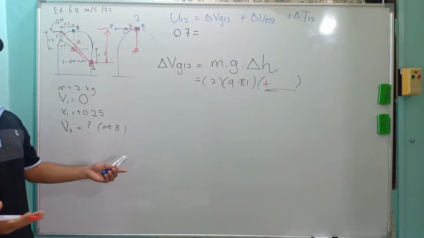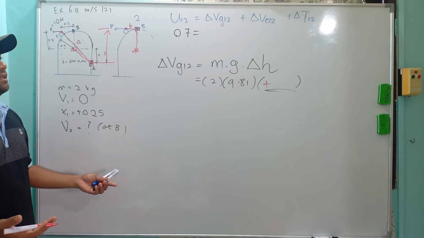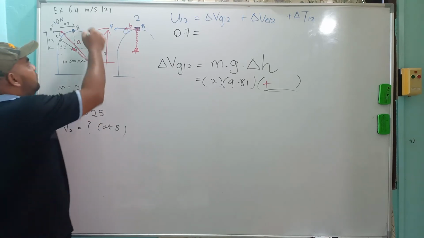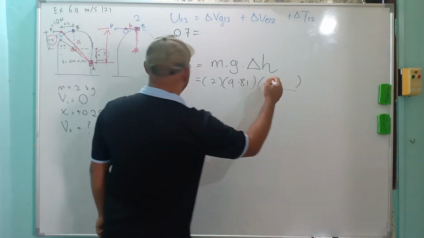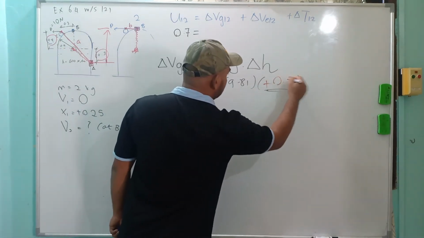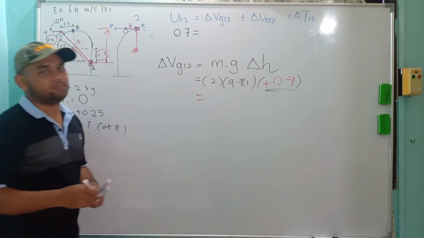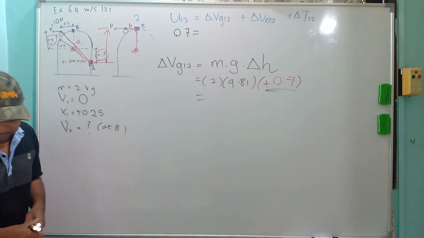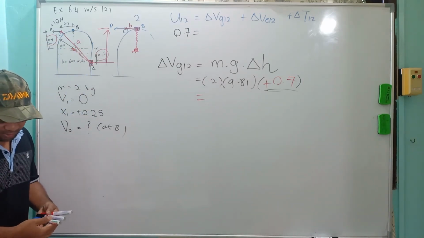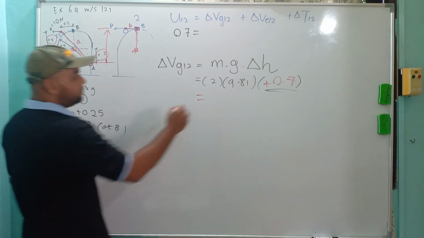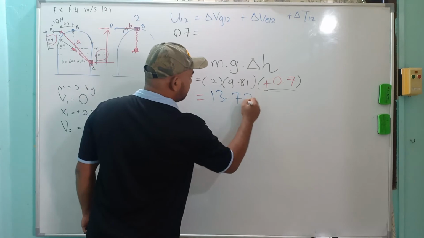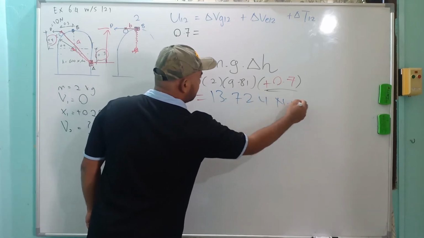Now you need to determine the magnitude. From here to there, 0.3 is here, 0.5 is here, and 0.4, so you have 0.7. So calculate this one, mg delta H, and you will have something like 13.724 Newton meter.